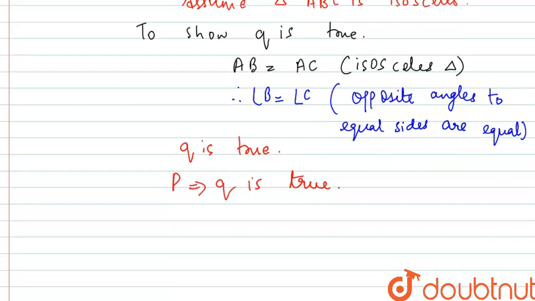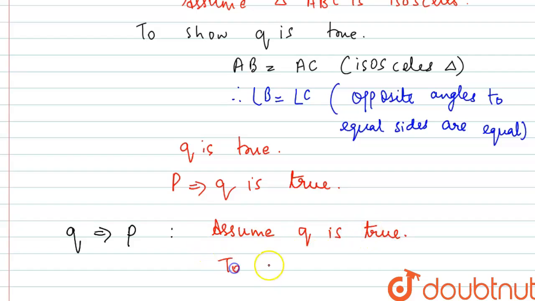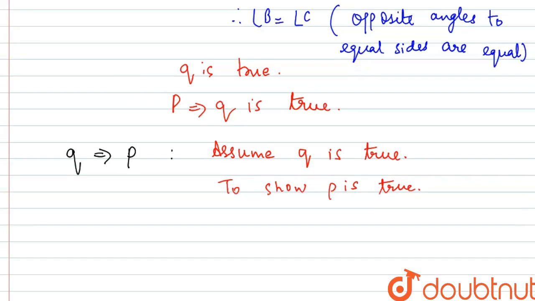Now we'll go on to Q implies P. So in this now, we'll take Q as the assumption. Assume Q is true and we need to show P is true. So here now we'll prove this in triangle ABC.